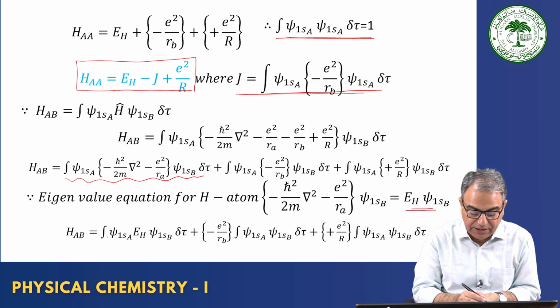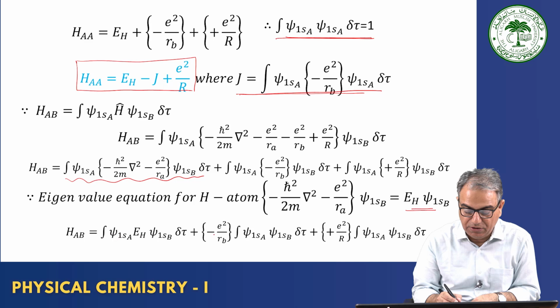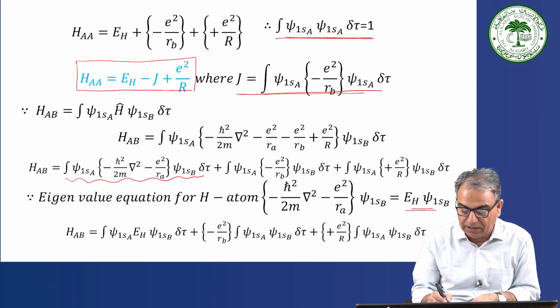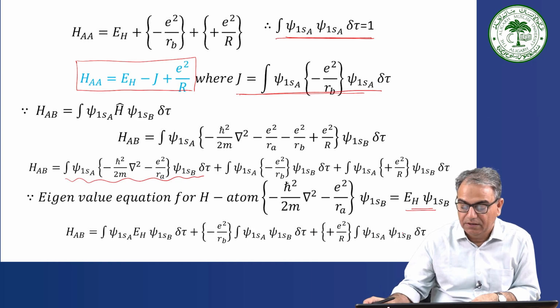What you get is HAB equal to the integral of psi 1sA E_H psi 1sB d tau, plus minus e square by RB integral of psi 1sA psi 1sB d tau, plus e square by R integral of psi 1sA psi 1sB d tau.